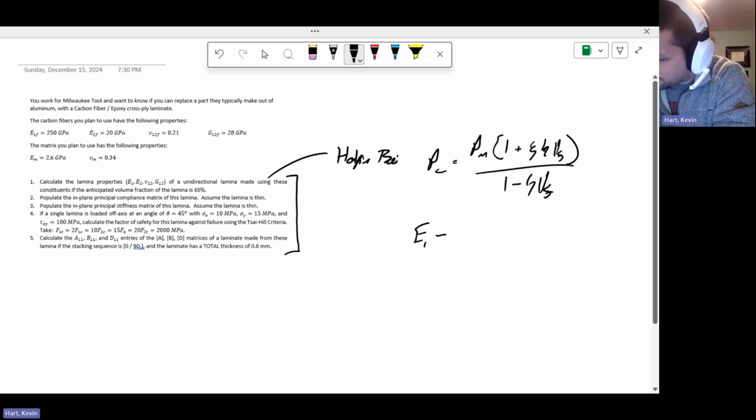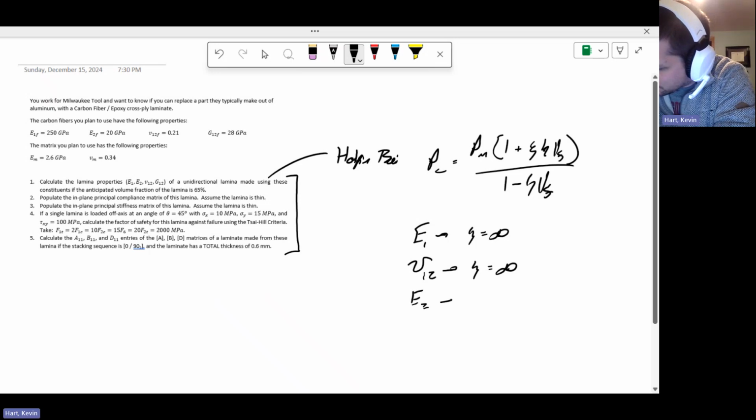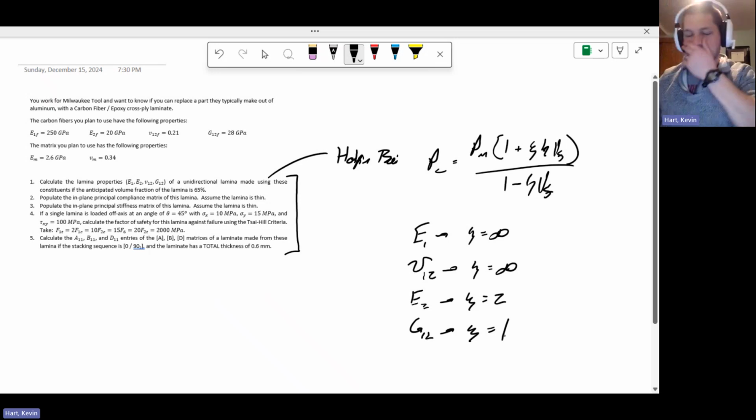For E1, you typically use xi equal to infinity, which is the rule of mixtures. Same thing with nu 1,2. For E2, you'll use xi equal to 2. And for G1,2, you'll use xi equal to 1. So those are how you do your calculations for lamina properties.